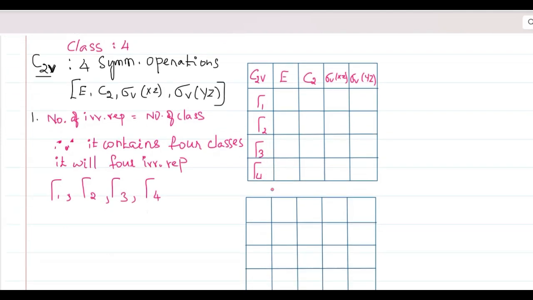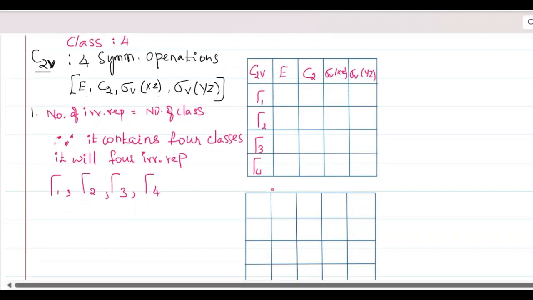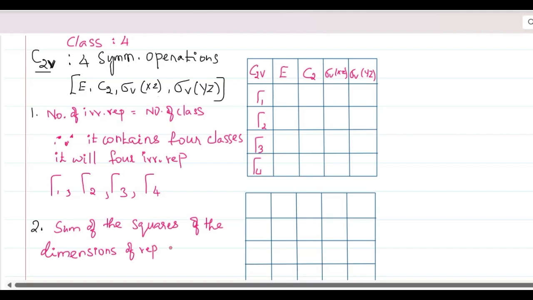Then what about the second rule? The second rule states that the sum of the squares of the dimensions of the representation should be equivalent to h.